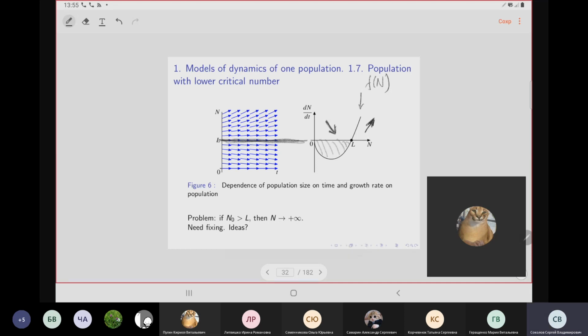But we have the same problem as the Malthus equation.